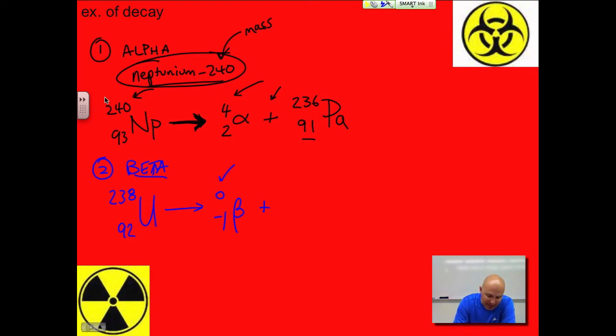Well, if this is a 0 on the top, the mass of your new thing is going to be the same as our beginning one, because the beta particle has no mass, so 238. Now because this is a negative 1 down here, then it would have a 93.